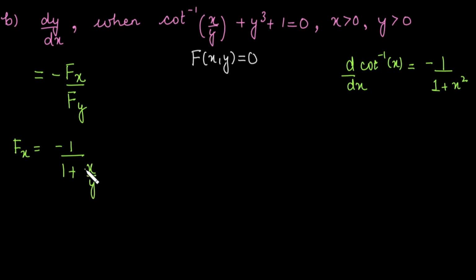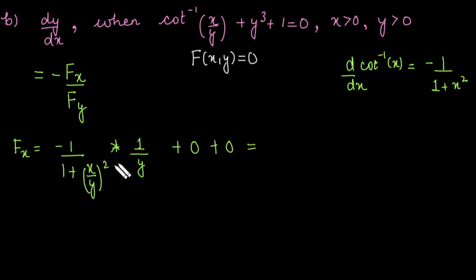So we have x by y square into derivative of the internal term with respect to x. So x derivative is 1 and y is a constant and it is in a multiplication. We will keep y as it is. Plus derivative of y cube with respect to x is 0 because y is treated as a constant, plus derivative of 1 is 0.